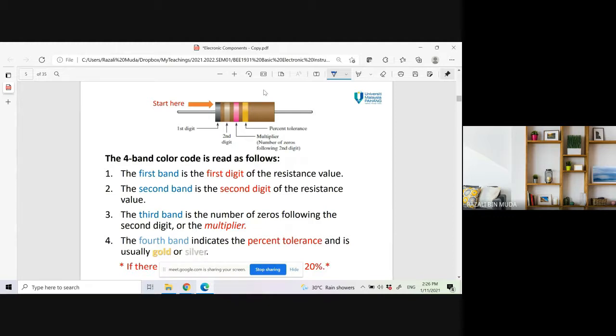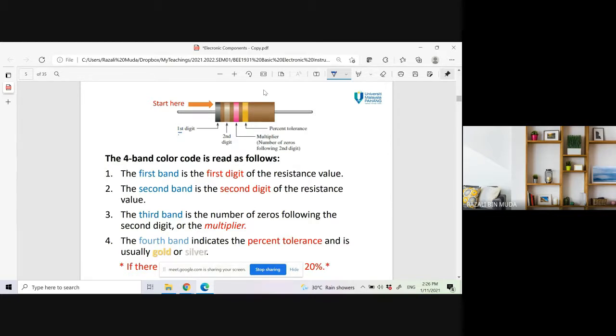This is from form one. Okay, it's fine. First band, first digit, second digit, third digit, and fourth, the tolerance. Basically, the first one is the one near the leg. You start with the band nearest the leg. The first band is the first digit of the resistance value.